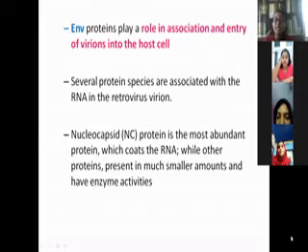ENV proteins play a major role in association and entry of virions into the host cell.